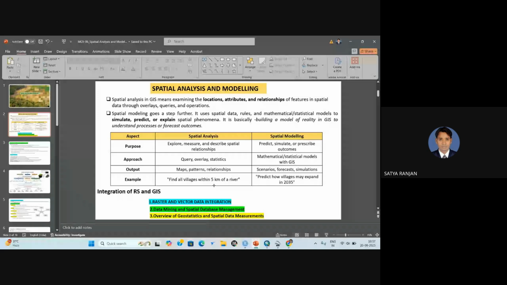For earthquake and flood analysis, microwave remote sensing is very much useful, and for urban area classification we use high resolution satellites like WorldView 1, WorldView 2, WorldView 3, which have 0.45 to 0.5 meter resolution, like 50 centimeter resolution. It is a very high resolution satellite image, that's why it is useful for urban mapping.